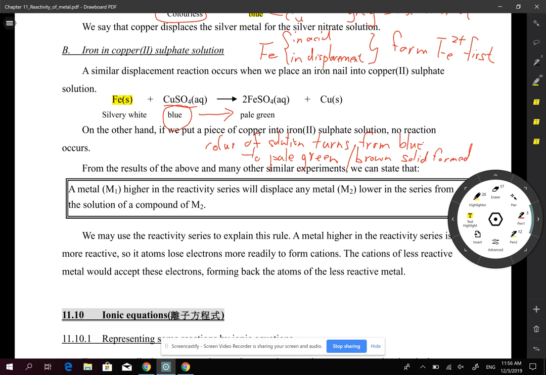Is it blue changing to colorless? Yes, because copper sulfate is originally blue, and this one has no color, colorless. So when you write down the observable change, say the original solution is blue and decolorized, or turns to colorless.